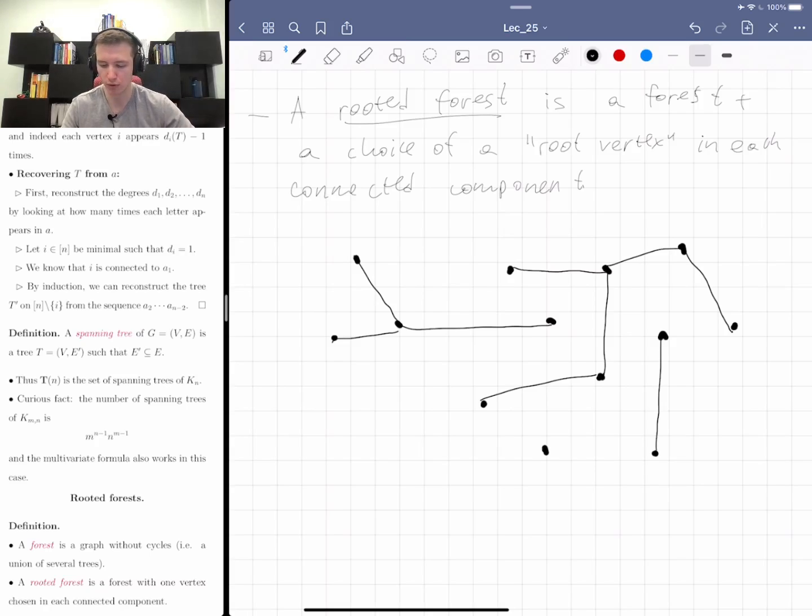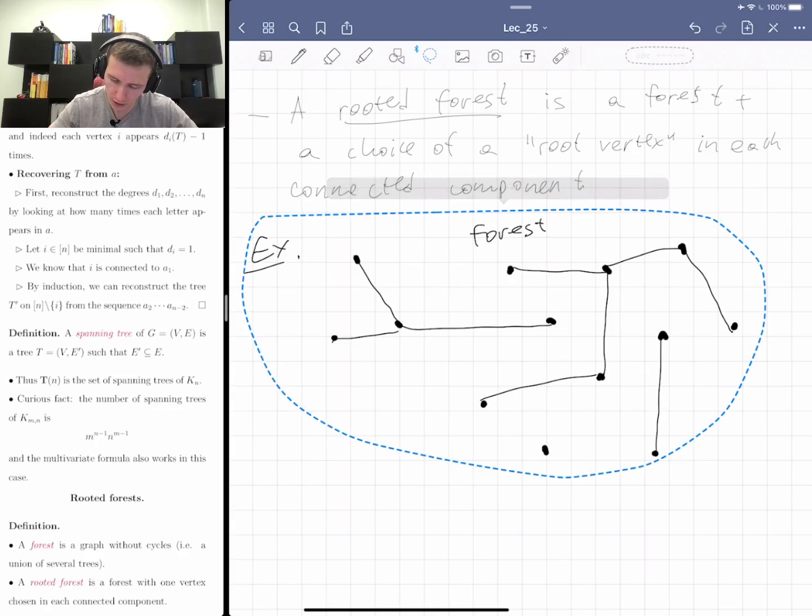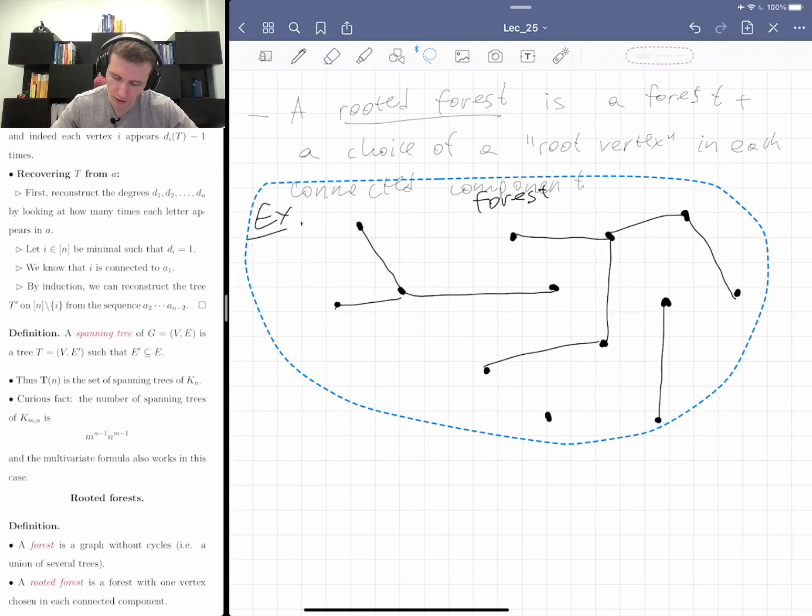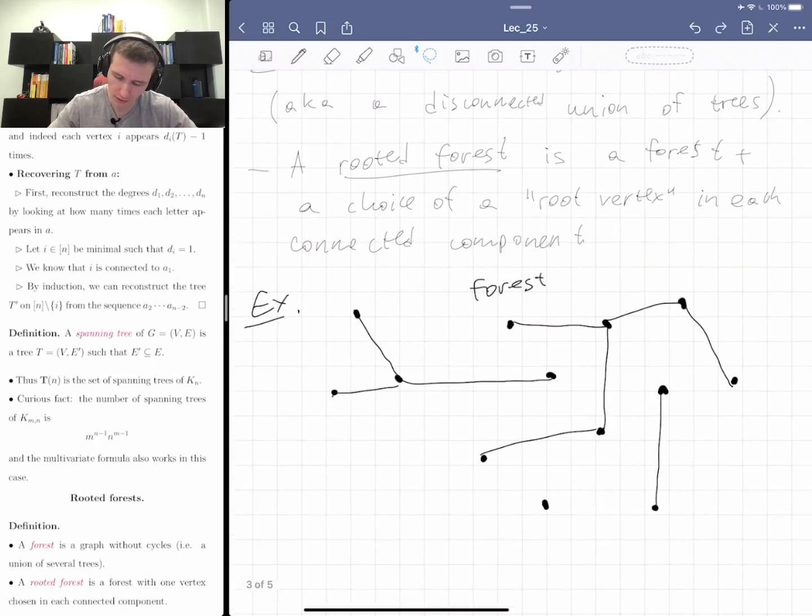Yeah. So here's an example of a forest. And let me also give you an example of a rooted forest. Notice how I'm allowed to have isolated vertices.